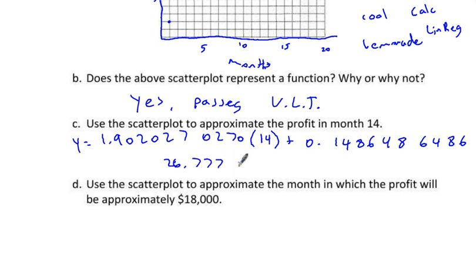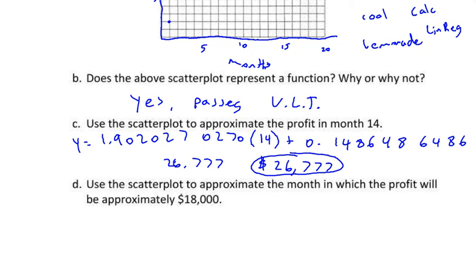Since the profit, which was represented in the y values, is in thousands, the answer here, unrounded, as exact as possible, would be $26,777. So kind of eyeballing it on the graph, we came up with about 27,000. Using the calculator to come up with an equation to make that prediction, we found that it was really close to that 27,000.